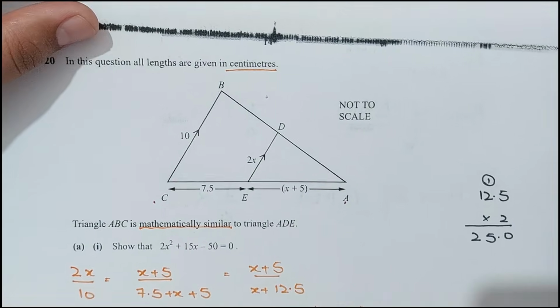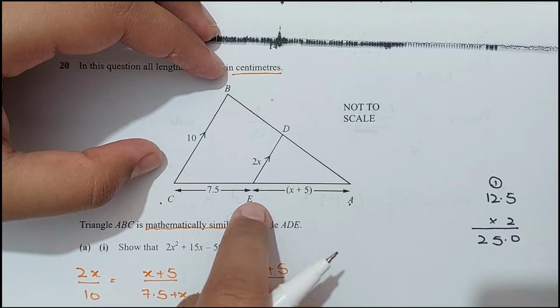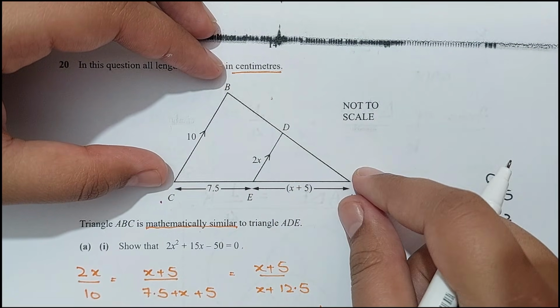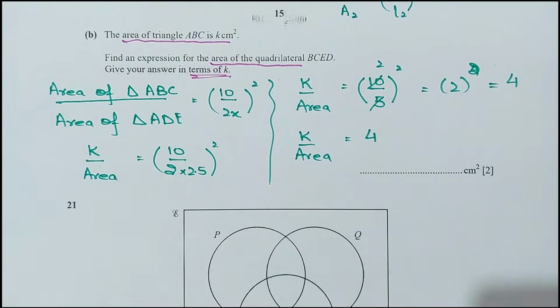Now we know that the area of the quadrilateral BCED would be equal to the area of the triangle ABC minus the area of the smaller triangle ADE, right?